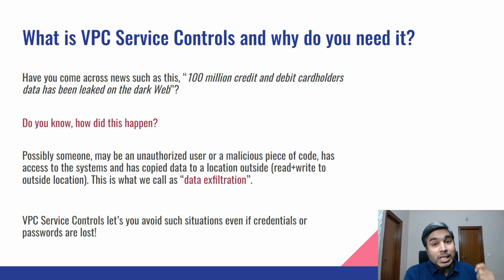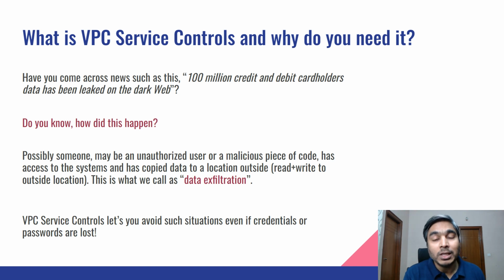And the bigger question is, even if I have lost my credentials, or even if there is a malicious piece of code which is running inside my environment, it possibly has access to my data. This malicious piece of code can read my data and now possibly can write outside. We do call this data exfiltration.